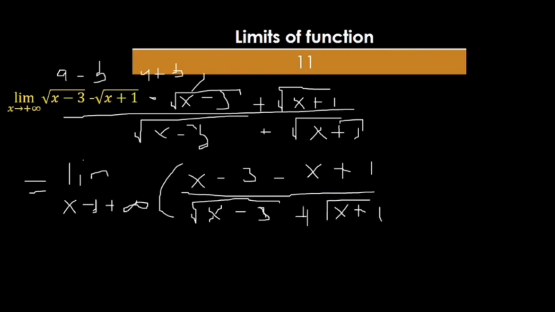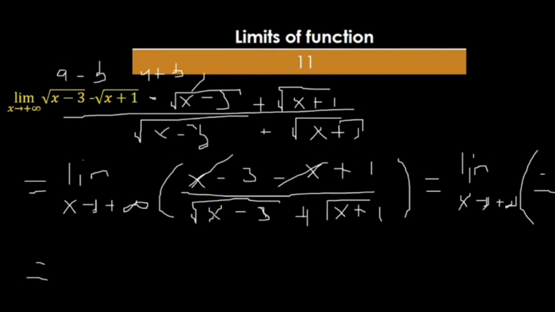This is equal to the limit as x tends to plus infinity of: x and this will cancel, minus 3 and that is minus 2, over all this, and this tends to infinity, so minus 2 all over infinity, that is 0. This is equal to minus infinity.